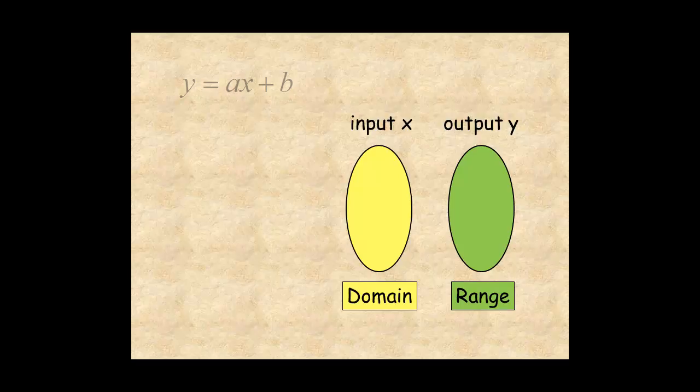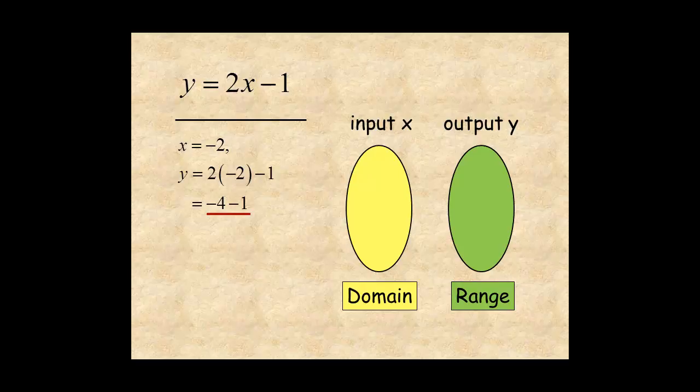For this equation, if you input x equal -2, the output y is 2 times -2 minus 1, which is -4 minus 1, which is -5. So there's a relationship between an input x equal -2 and an output y equals -5.